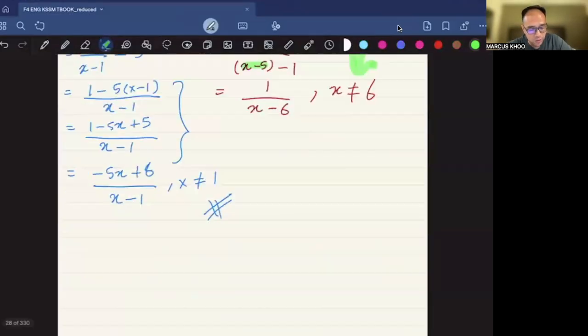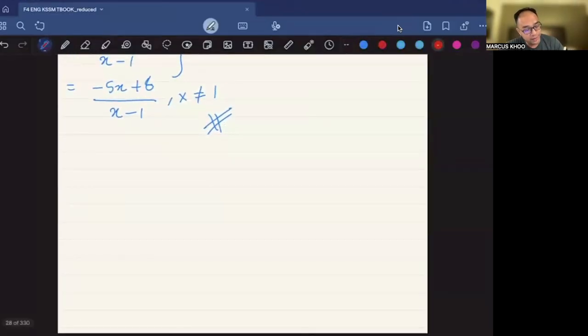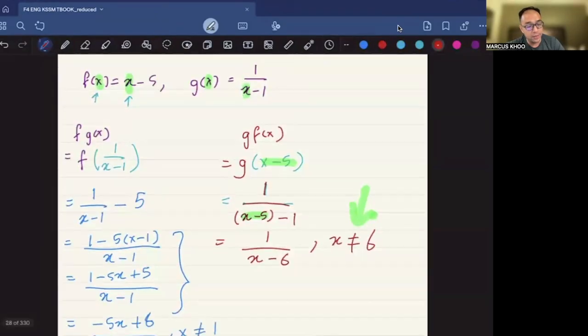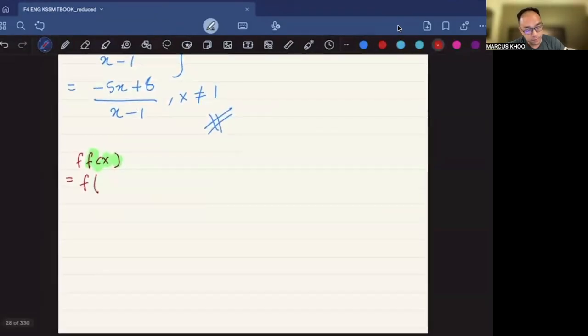Let's go to the other one, f(f(x)). First thing is, let's substitute the object. So this is f. What is f(x)? x minus 5. This is our object.